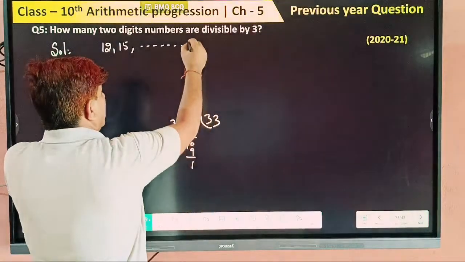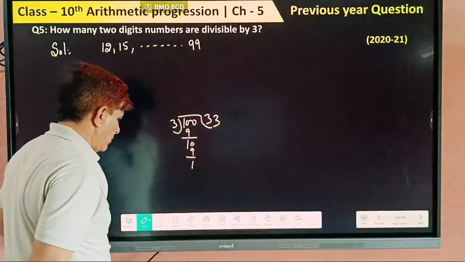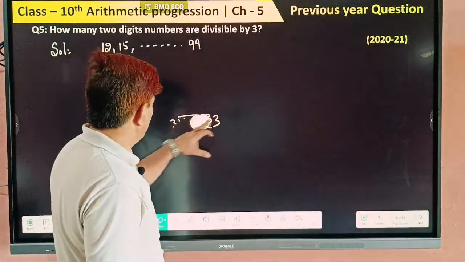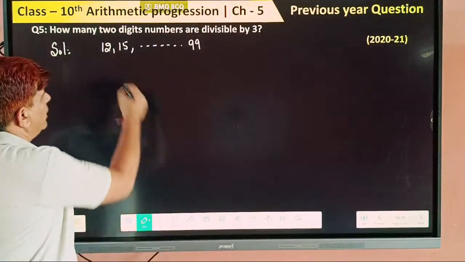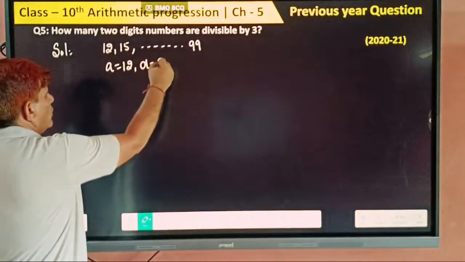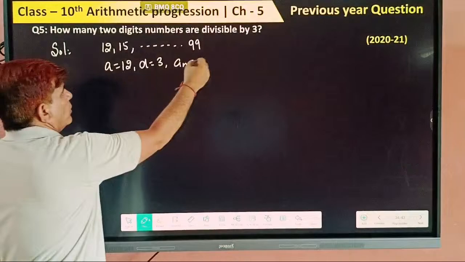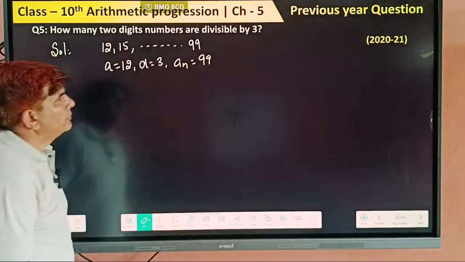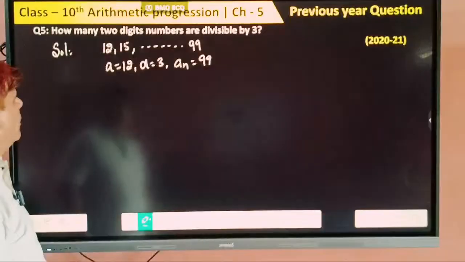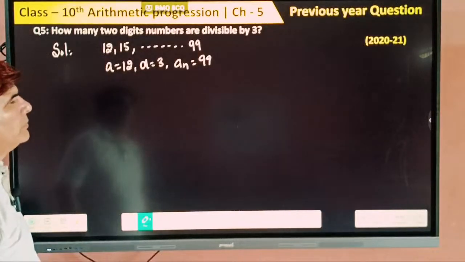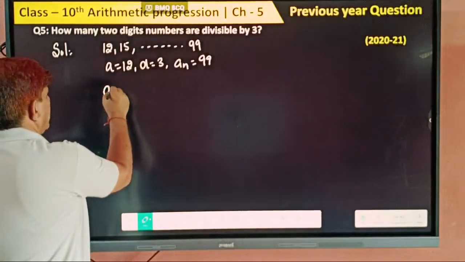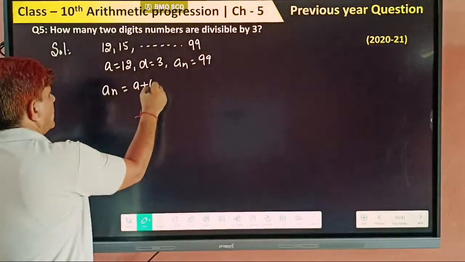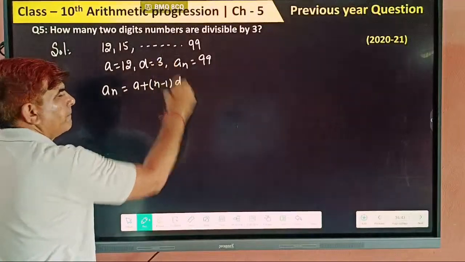It means 99. The last two-digit term divisible by 3 is 99. So a equal to 12, d equal to 3, an equal to 99, and we have to find n. an equal to a plus n minus 1 into d.